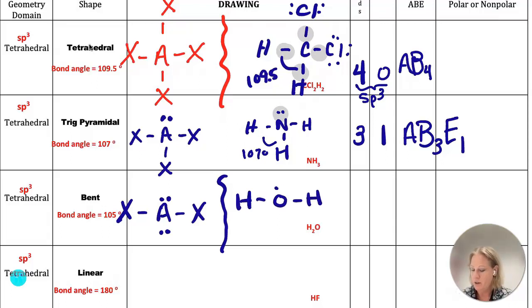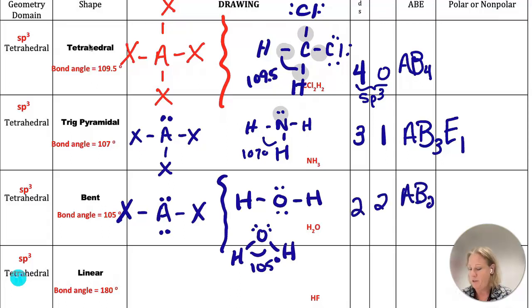I don't, but in reality, we know, and if you use the PhET, that those lone pairs push down the bonded electrons and make that angle get even smaller, at about 105. So here we have 2 bonds and 2 lone pairs. So it would be AB2E2. Again, the total is 4.